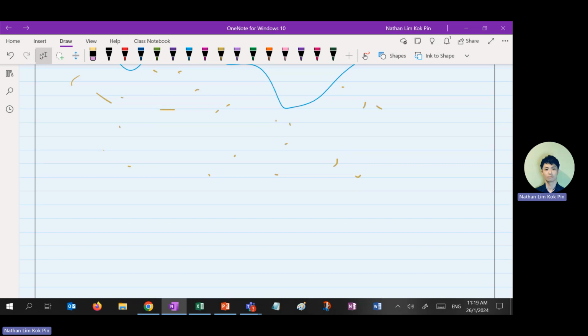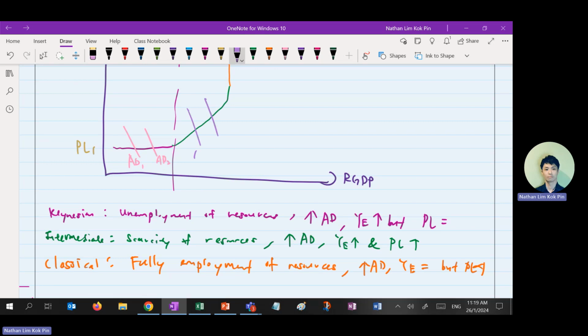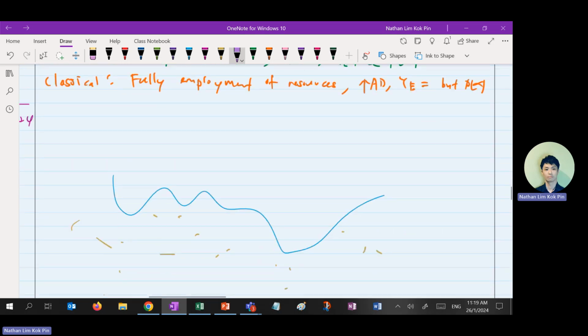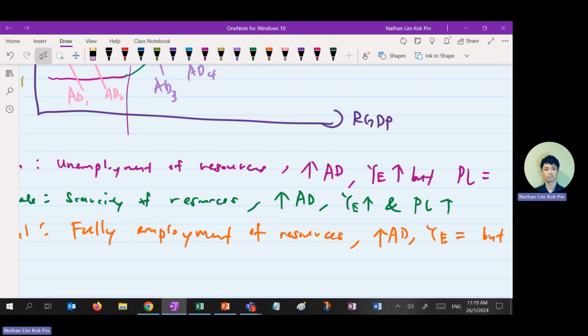Regardless of who. Buy means what? When I buy the stuff, AD will increase. Yes, they use the sand to increase their area. But they use buy. Buy means what? They don't have sand. So they buy the sand. So the price level will actually increase from PL3 to PL4. Buy the sand. So this is what? Scarcity of resources.